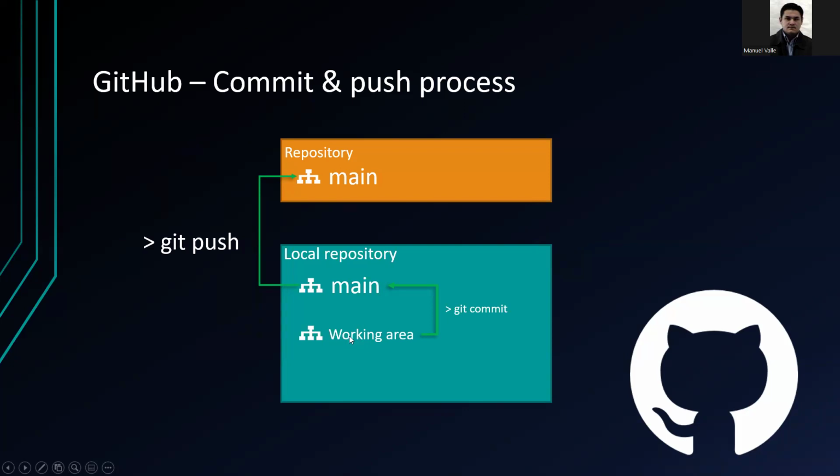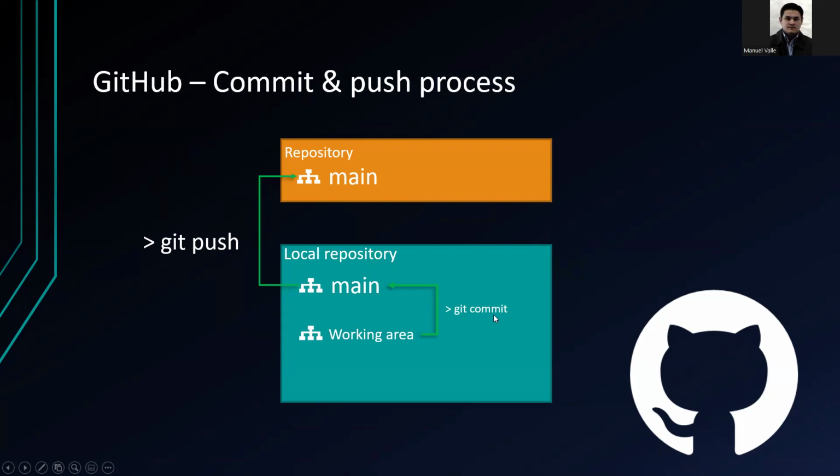So this working area has that change, but it is not staged to be placed into the local branch. So with git add period, we said, okay, all the changes in the working area need to be prepared for being moved to the local branch when you hit the command git commit.